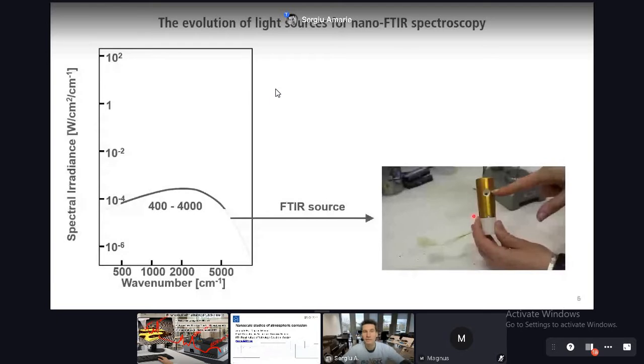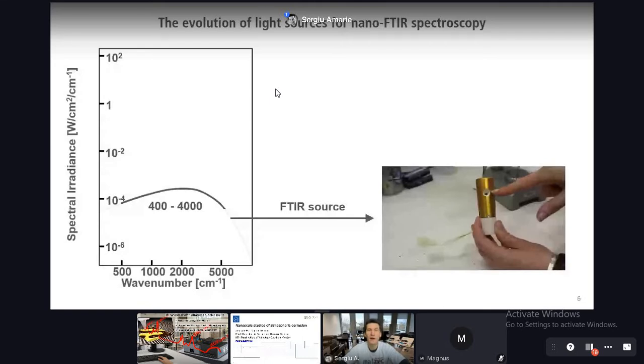Simply put, the FTIR microscopes are equipped with a light source which resembles a common light bulb like this one. For this reason, the temperature of such sources is rather limited to about 1,000 degrees, which limits also the spectral irradiance. Another limitation of this source is the coherence property.